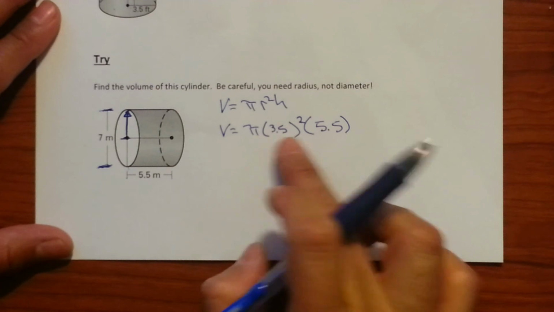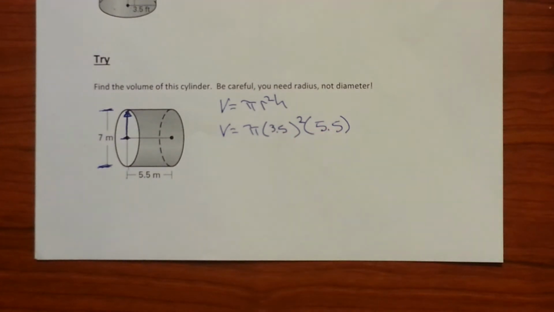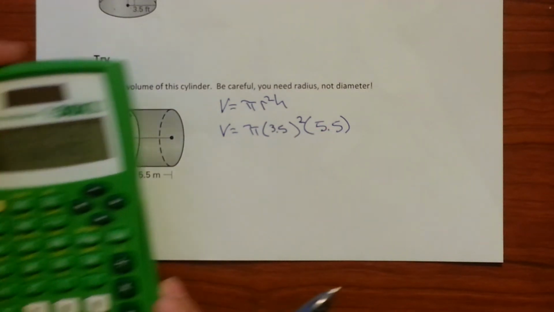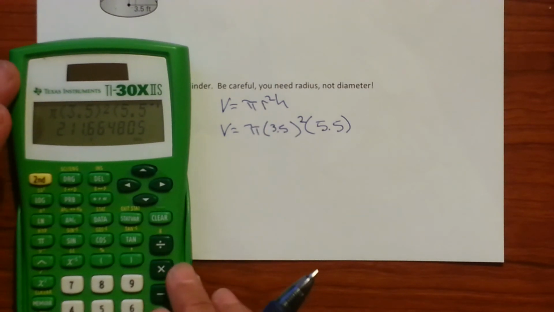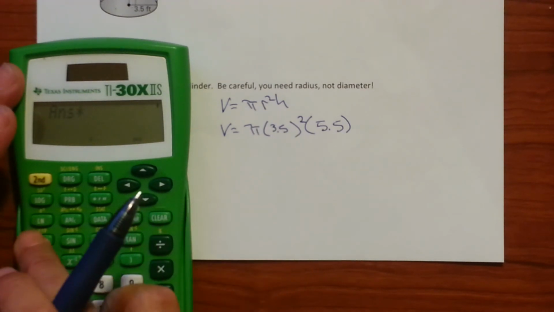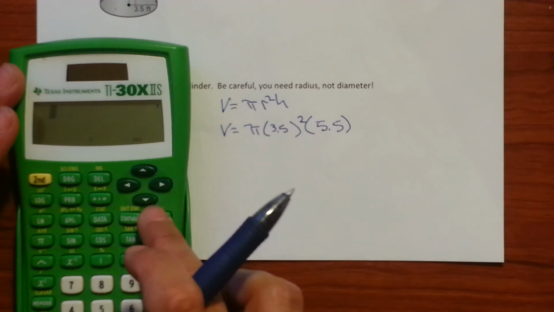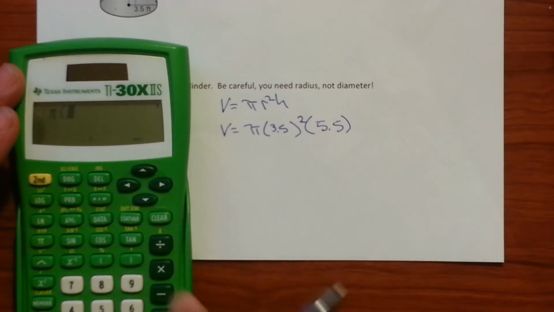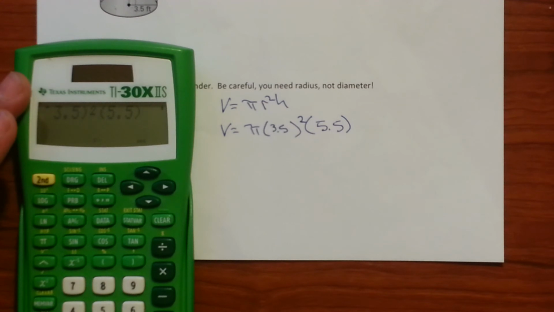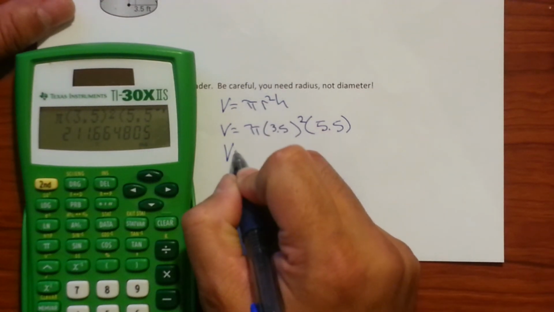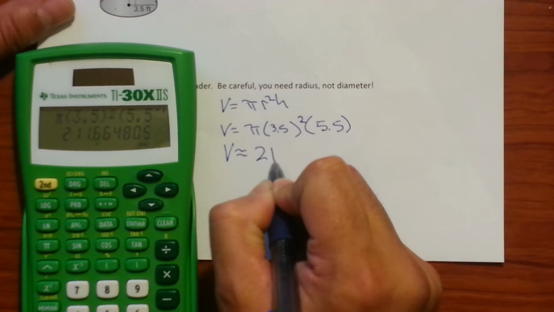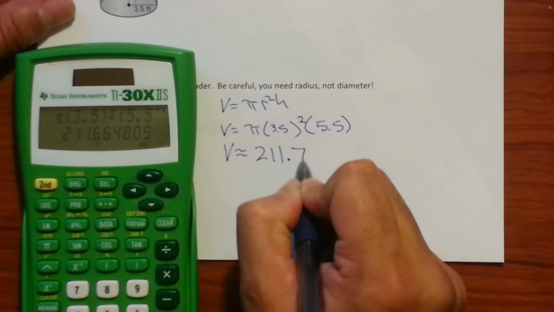So right here, let's plug that into my calculator. Pi, parentheses, 3.5, close, squared, times 5.5, close, enter, and I get volume is about 211.7.